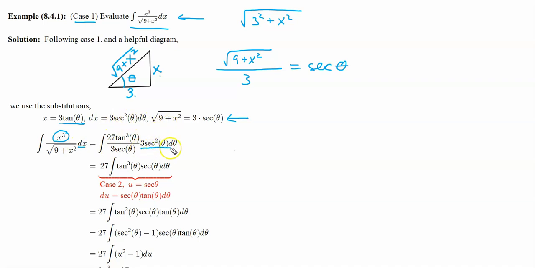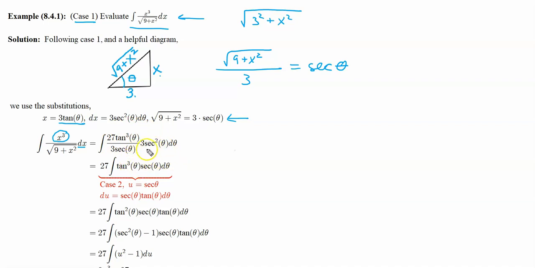And then the square root becomes 3 secant theta. So now you see we have everything written in terms of powers of secants and tangents. Simplify this and let's try to integrate it.